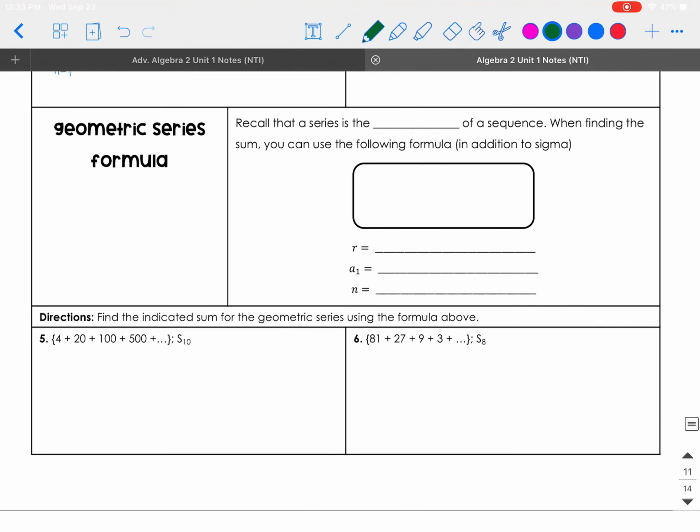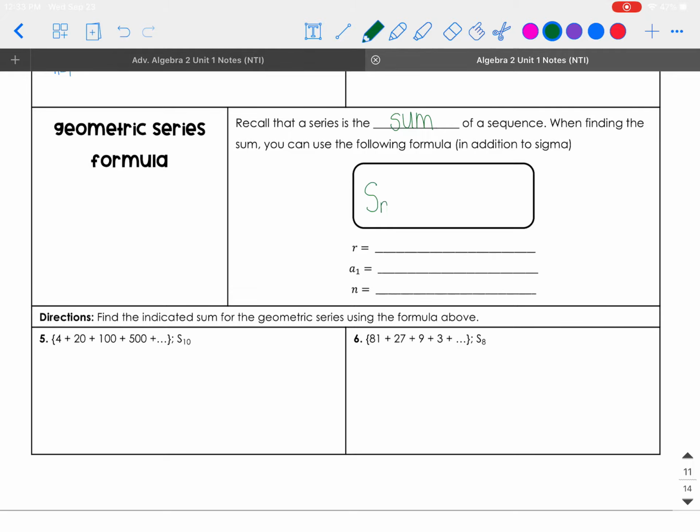So the series is the sum, just reminding you of a sequence. So we can also use this formula. And it's going to look kind of scary, but it's actually easier than the arithmetic one. There's actually not extra side information that you have to calculate.